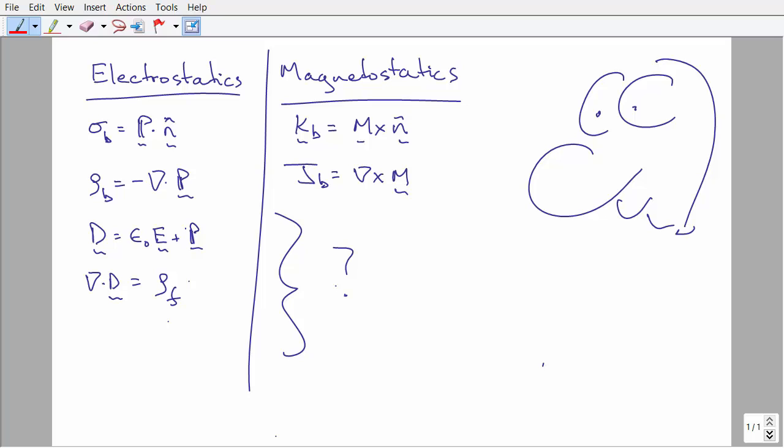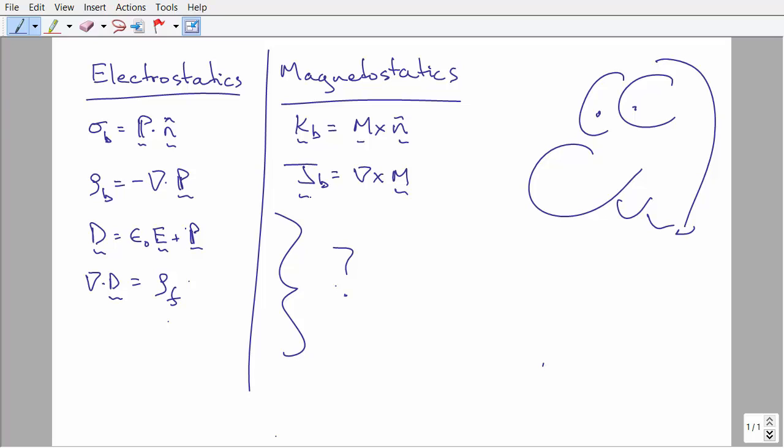Okay, so in electrostatics we found surface charge densities. In magnetostatics we found surface bound current densities. In electrostatics we found volume charge densities, and in magnetostatics we have volume bound current densities.